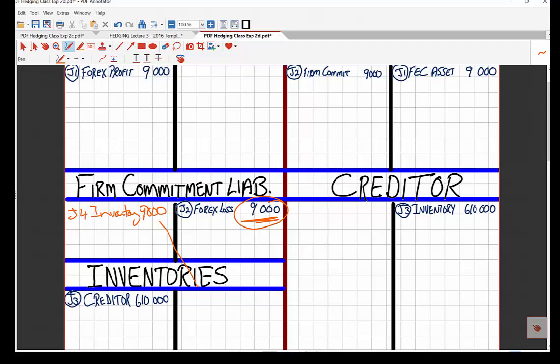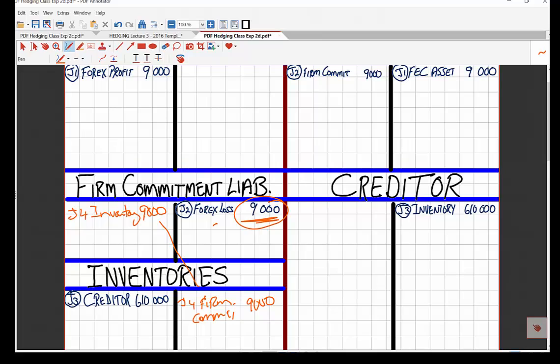If this balance was a debit balance, then you would have cleared the debit out against inventories. In this case it's a credit, so we debit the firm commitment and we credit inventories with the firm commitment 9,000. So what effectively happens here, as you can see, the whole idea of hedging the firm commitment was to try and fix the value of this inventories as close as possible to order date.